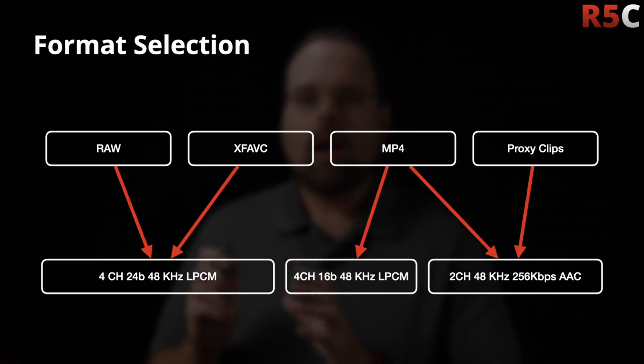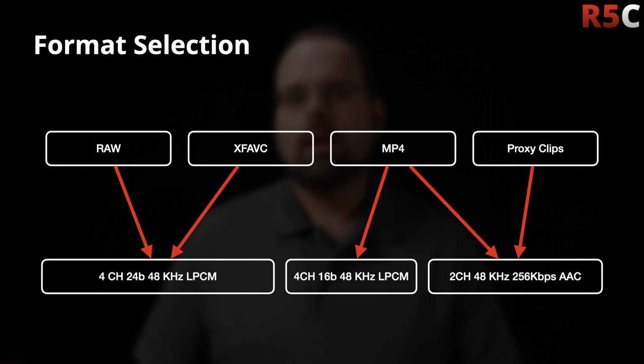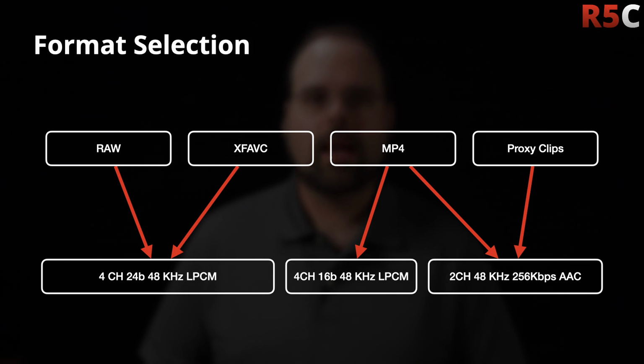The final situation is when you record proxy clips on the camera, so proxy files for the primary clips like you might want to do if you're shooting at, say, 4K XFAVC or 8K RAW, then that automatically records in 2-channel 48 kilohertz AAC, again, targeting 256 kilobits per second.